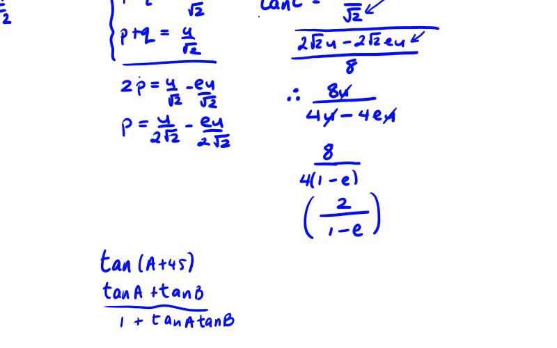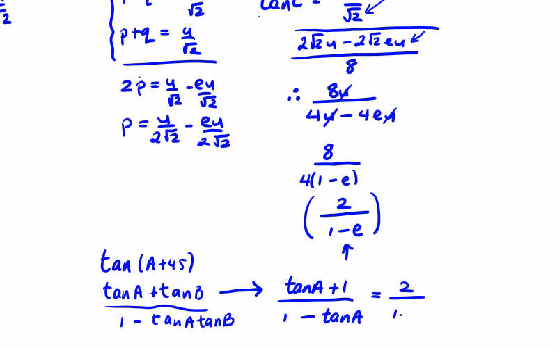Signs in the wrong order. I'm doing the minus one, so it's 1 minus. So we're going to have tan A minus 1 from here. We're going to have tan A plus 1 over 1 minus tan A by 1, so 1 minus tan A. That then has to be equal to what we got above, this 2 over 1 minus e.